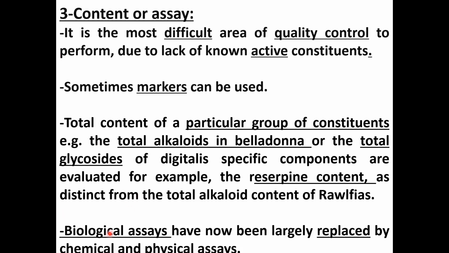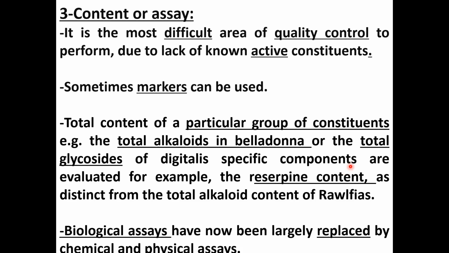Sometimes we may use certain markers to assay these herbal drugs, and some experiments may also estimate the total content of a particular active constituent. For example, total alkaloid content in belladonna or total glycoside content in digitalis.